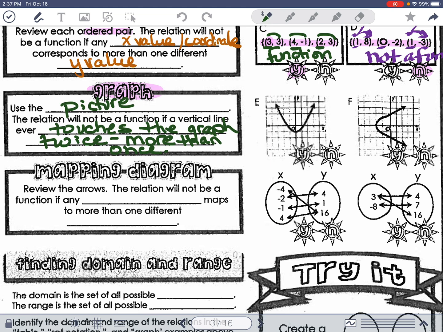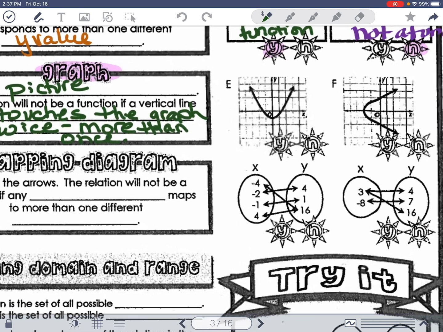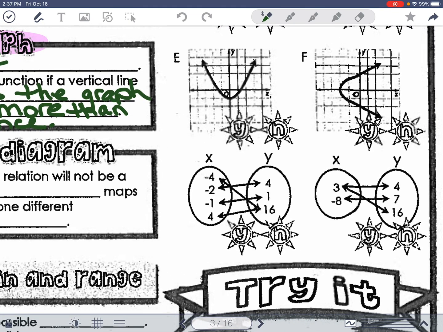All right? Okay, so let's look at E and F. So let's look at letter E. Let's look at this graph they give us. Letter E, they gave us this U-shaped kind of graph on the coordinate plane.